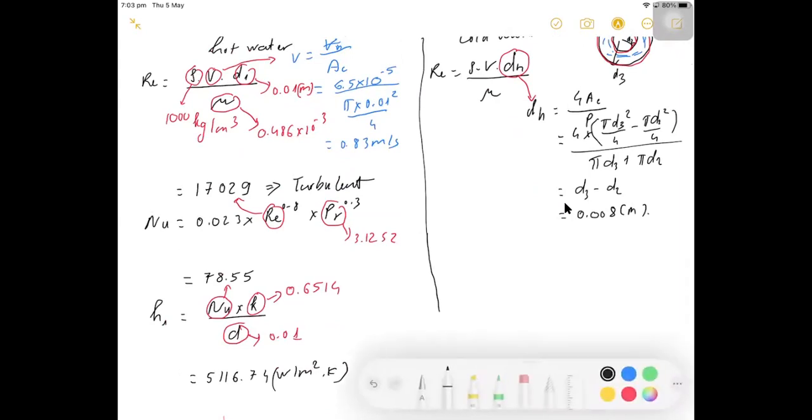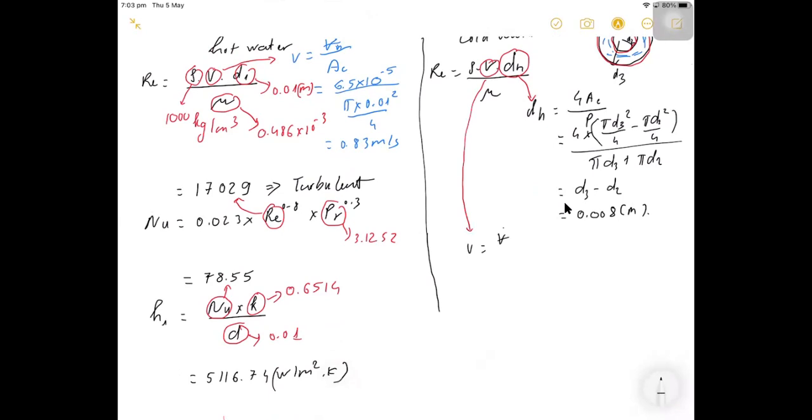Okay, so velocity equals the volumetric flow rate of cold water divided by cross-section area.